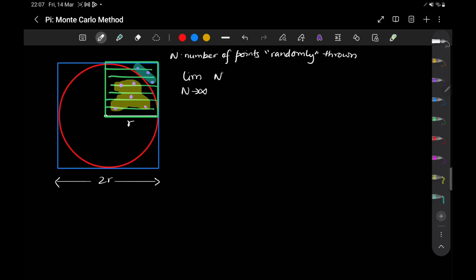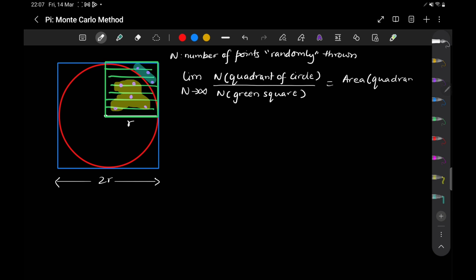The number of points within the quadrant of the circle over the number of points within this shaded square, which is the green square. In the limit n tending to infinity, this will actually become the area of the quadrant over the area of the green square.